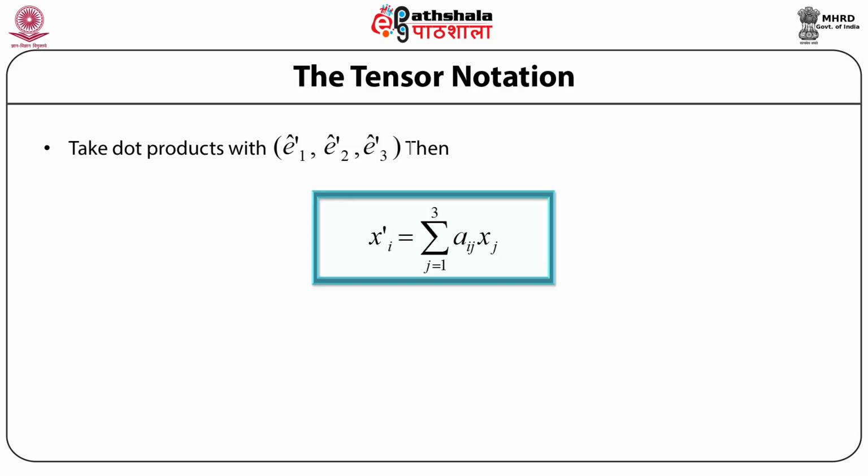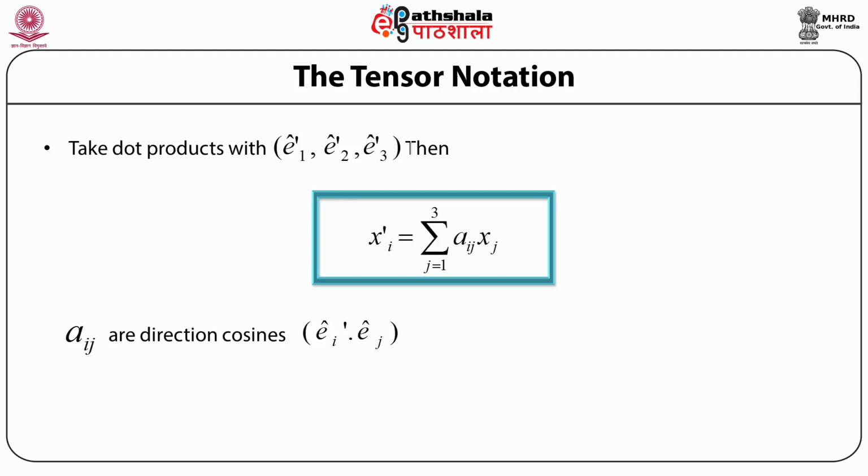So x prime subscript i is equal to summation over j going from 1 to 3 of a subscript i j times x subscript j, where a subscript i j are the direction cosines given by the dot product of unit vector e prime subscript i and unit vector e subscript j.